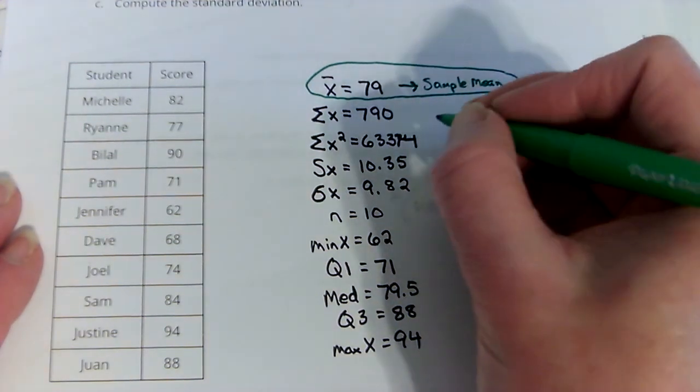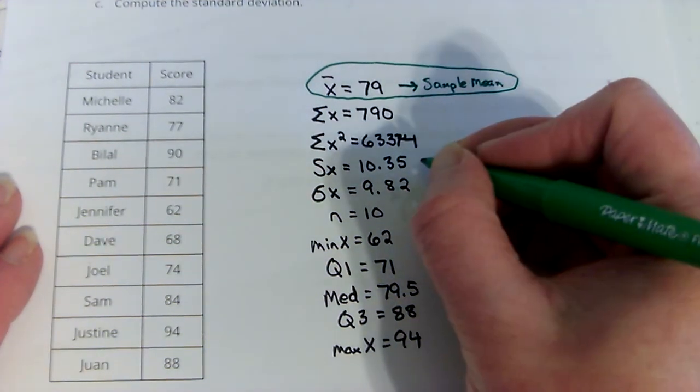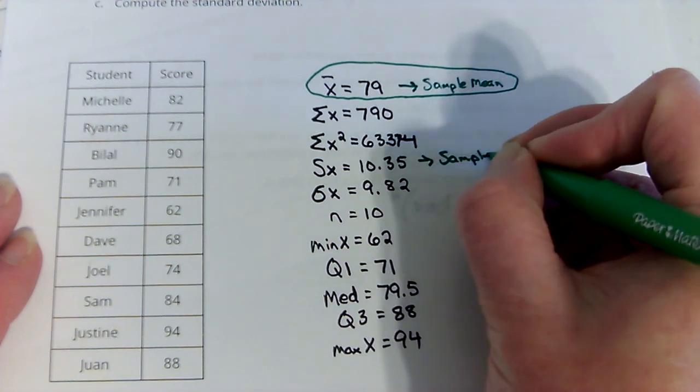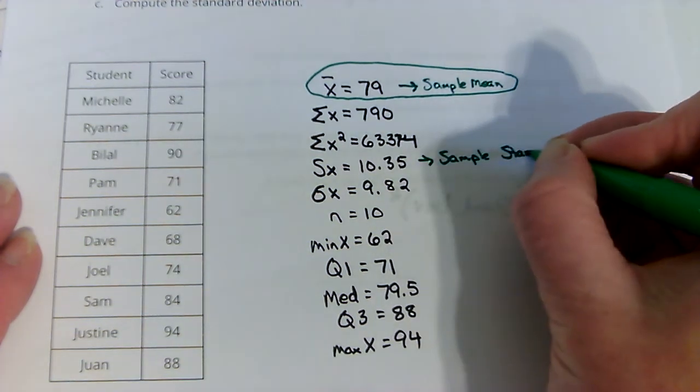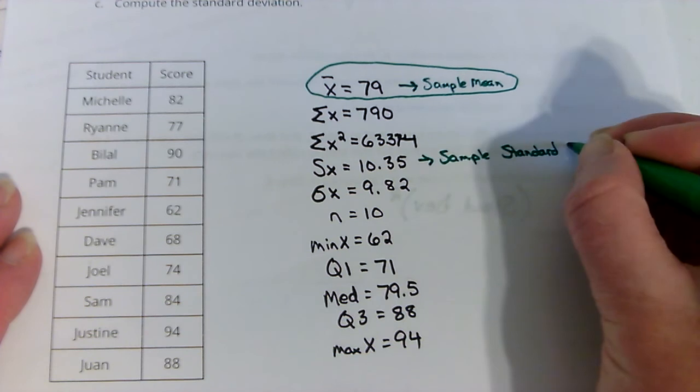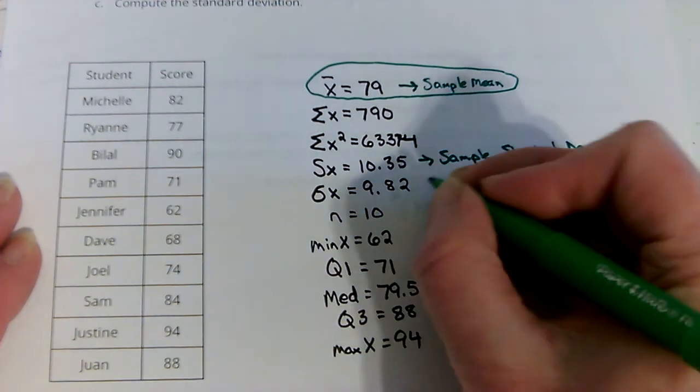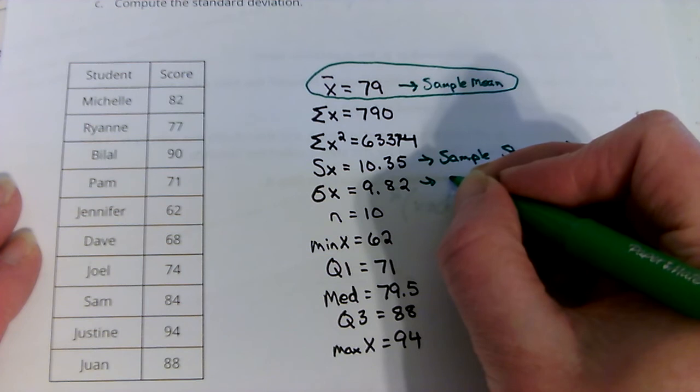This is the sample standard deviation. And this is the population standard deviation.